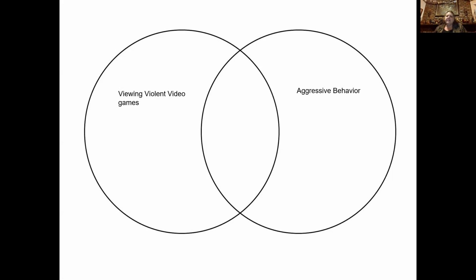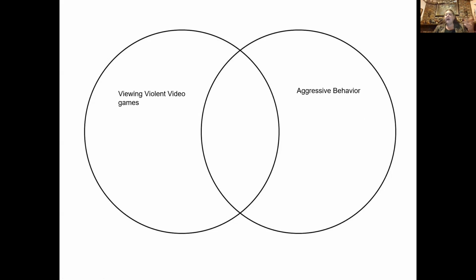But can we say that the violent video games are causing the aggressive behavior? No, we can't. How do we know that it's not the aggressive behavior? Say somebody has some underlying aggressive behaviors, and that makes them like the violent video games more. So it could be that the aggressive behavior is causing somebody to watch the violent video games, or the violent video games are causing the aggressive behavior.